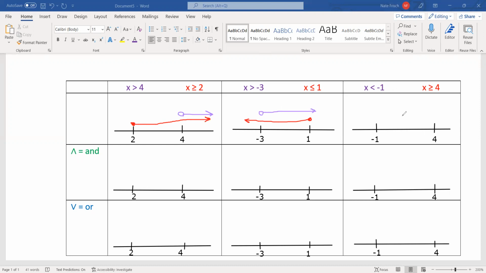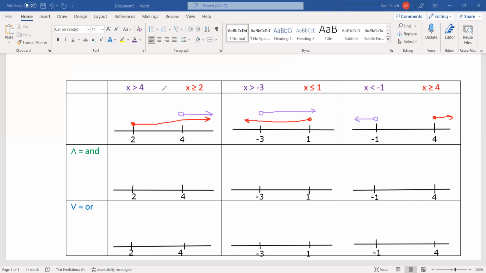Next one, x is less than -1, open circle pointing to the left. Or x is greater than or equal to 4, so a solid point since it could be equal, pointing to the right. So what I've done at this point is just graphed the different inequalities.